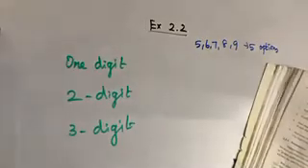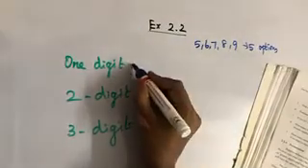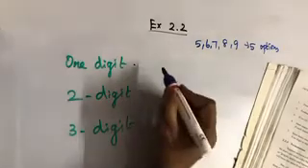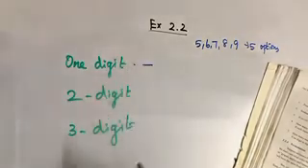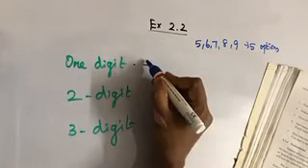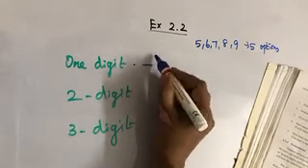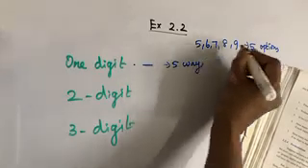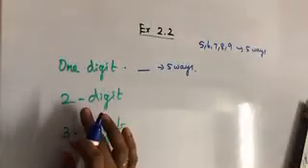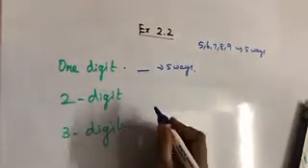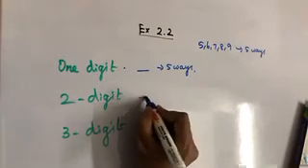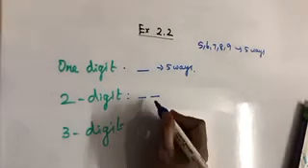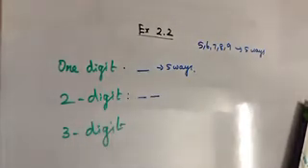For a 1-digit number, only the ones place, the number of ways to fill this place is 5 ways. As 5 options are there, I can write any. For a 2-digit number, it has 2 places, ones place and tens place.